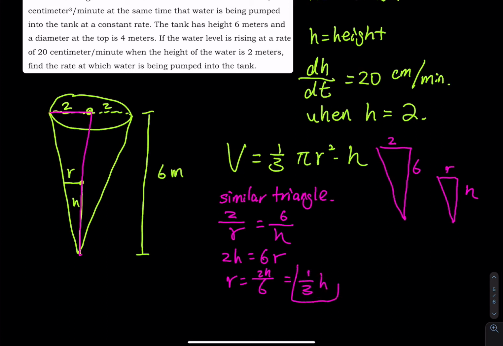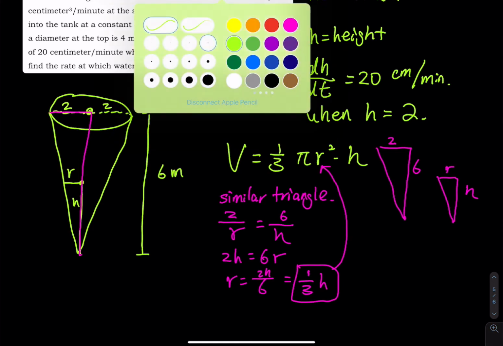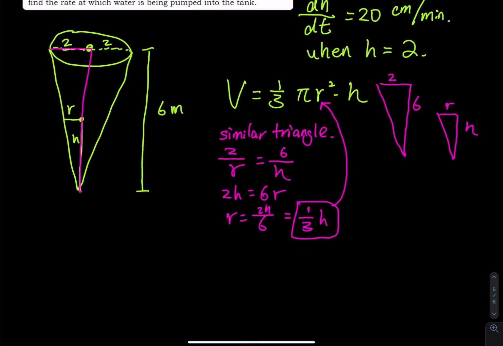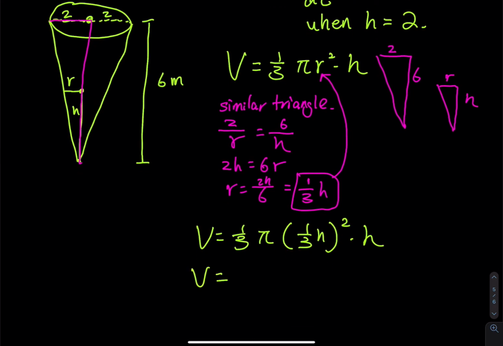I am going to plug r into my primary equation, so I have one equation in one variable: V equals 1/3 times pi times (1/3 h) squared times h. Let's clean up the numbers. 1/3 squared is 1/9, and 1/9 times 1/3 is 1 divided by 27. So we have V equals 1/27 pi h squared times h, which is h to the third.